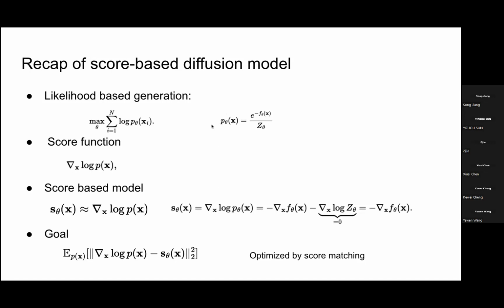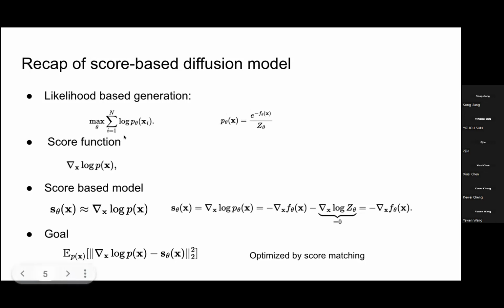By doing that, they can bypass the modeling of this normalization factor, so they can make the generation model differentiable and tractable.